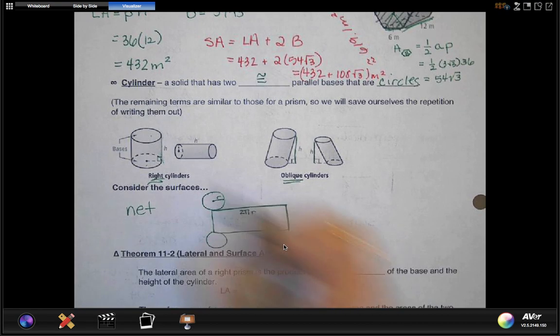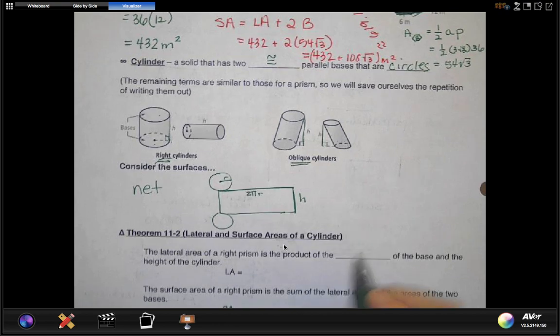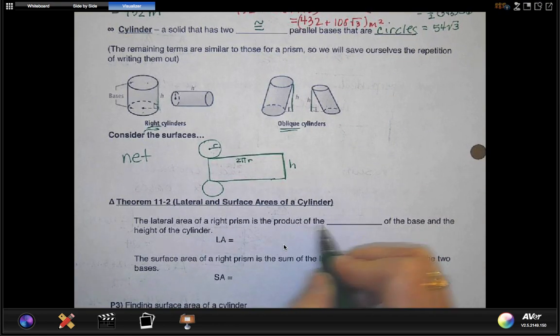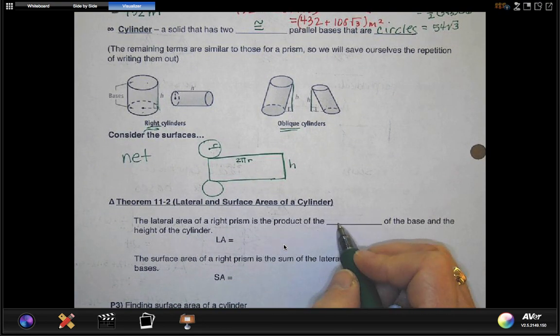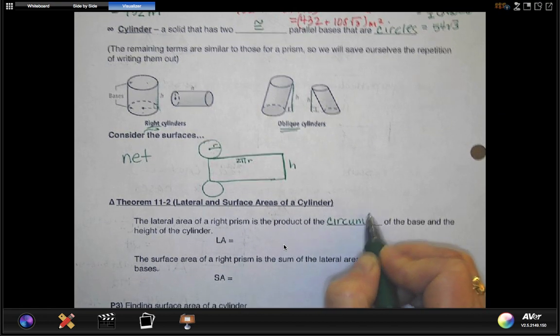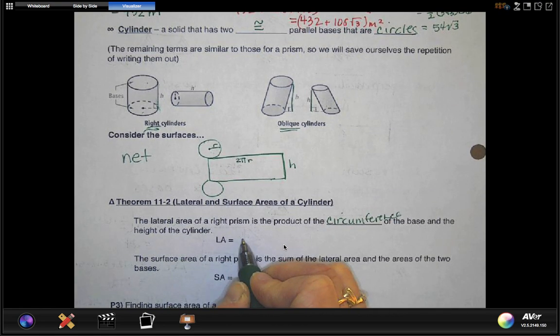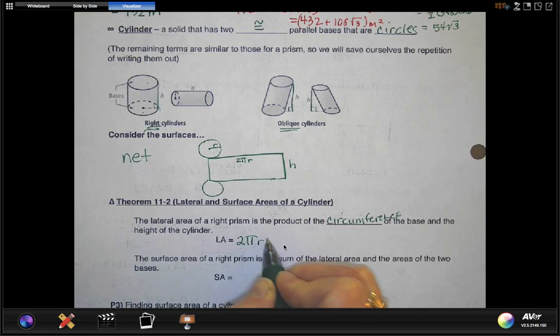And then it has a height there. So this is just a rectangle. So when I want to find the lateral area, it's the product of the circumference of the base and the height of the cylinder. So instead of perimeter times height, it's circumference, so it's 2 pi r times the height.